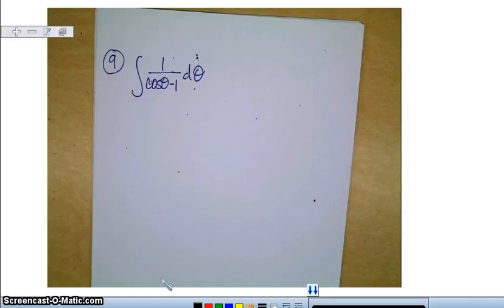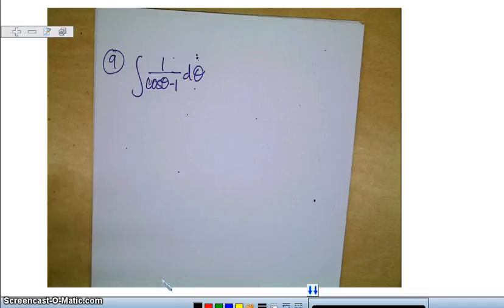Okay, any suggestions on how to start? What's the problem with using u equals cosine theta minus 1? It's sine of theta.